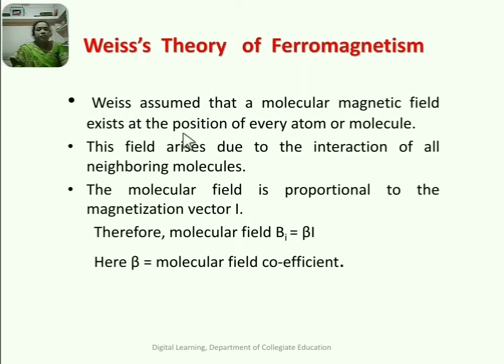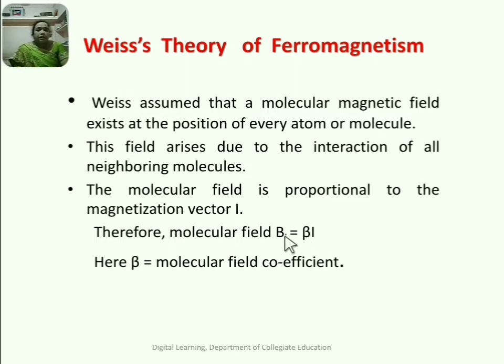This molecular field is proportional to the intensity of magnetization. Here, the molecular field is represented by beta I, and this is directly proportional to the magnetization vector I. This I is the intensity of magnetization.